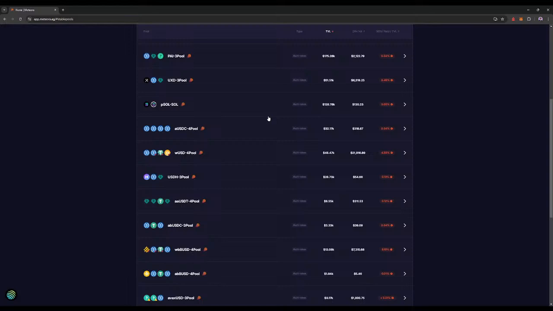So when you're swapping from EVM or, let's say, Sui or whatever other chains to Solana, or from Solana to these other chains, the liquidity for these bridging transactions is being provided through some of these pools.